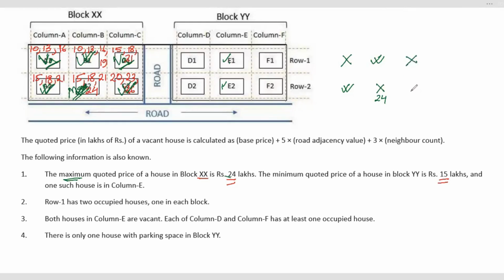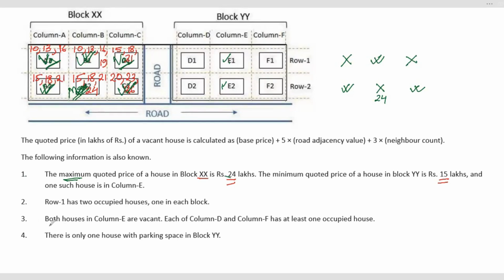This is occupied. So row 1 has two occupied houses, one in each block. First block, which are vacant and which are occupied, I got from here. Row 2, one occupied house. Now we can see either it can be vacant or occupied. Let's see some more information.